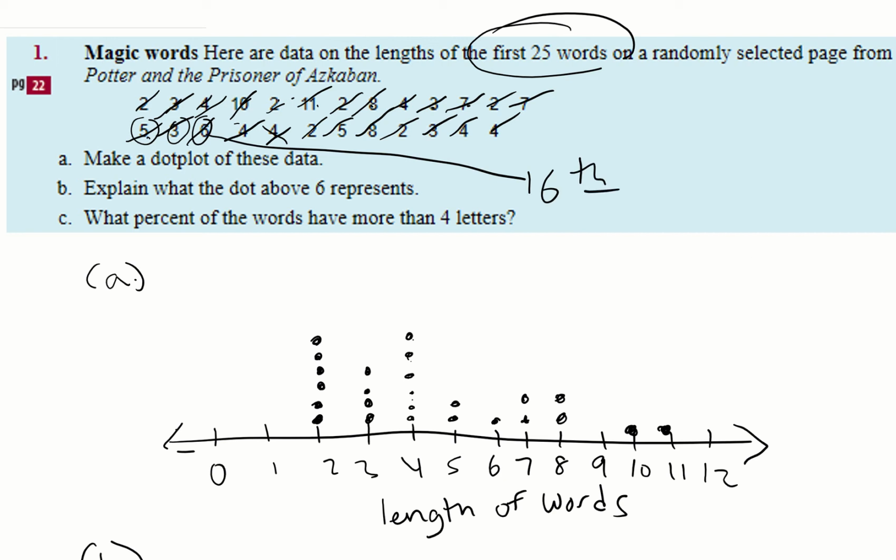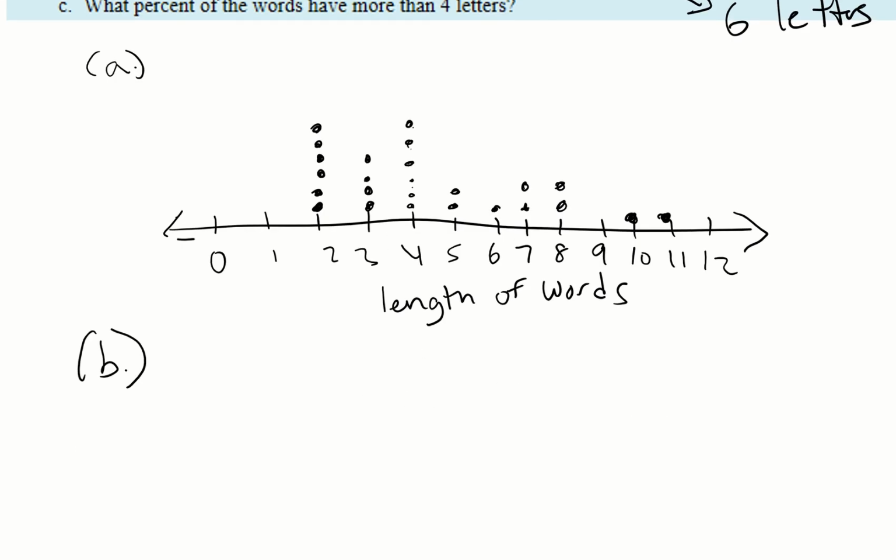We look at all the words, and the 16th word happens to have 6 letters. So the length of the 16th word is 6. And so that's really what this represents here, is that the 16th word in a randomly selected page has 6 letters.